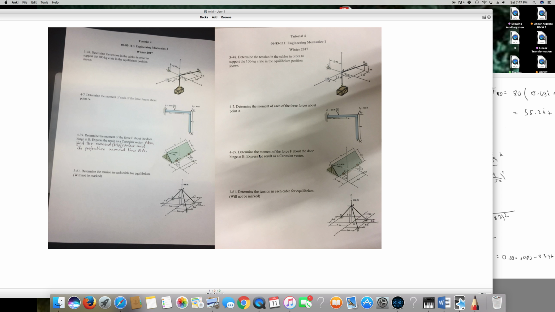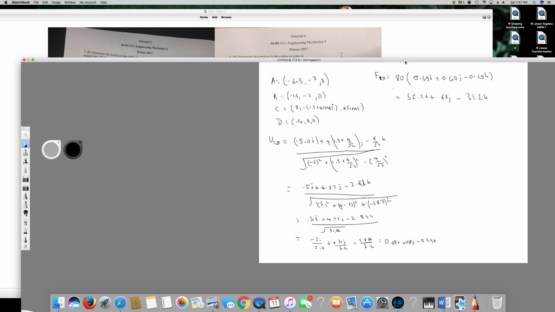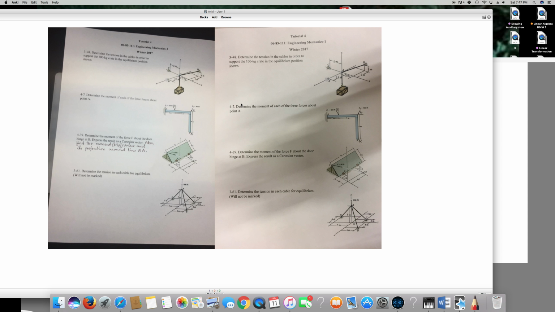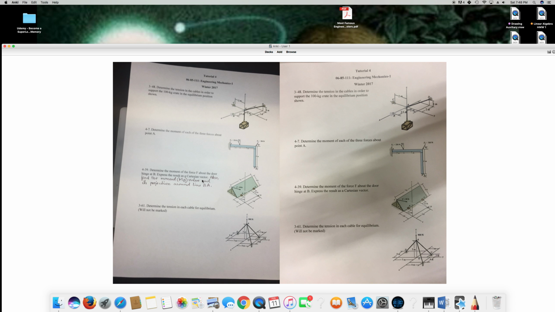In order to find that, I can simply multiply the force I got by RBC or RBD, because if you look at the picture, B is right here and C is right here, and we have found the CD. So if it's along the CD, we can find the moment if we calculate RBC. If I simply multiply with this force, it's going to give me the moment. So that's what we have to do, RBC or RBD, whatever you like.